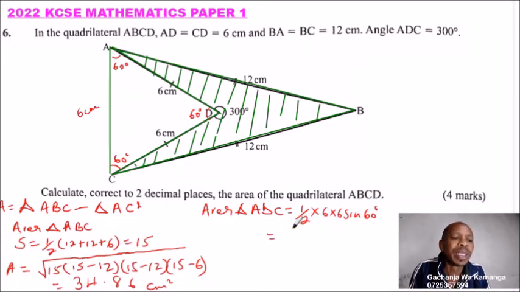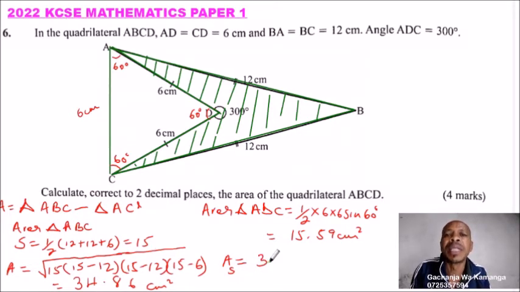When you compute that using your calculator, you get 15.59 centimeters squared.